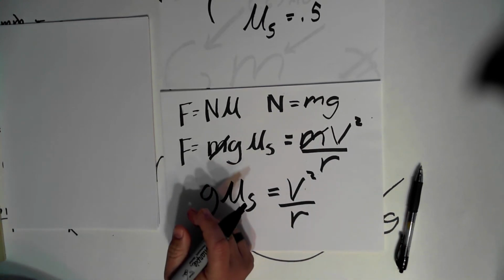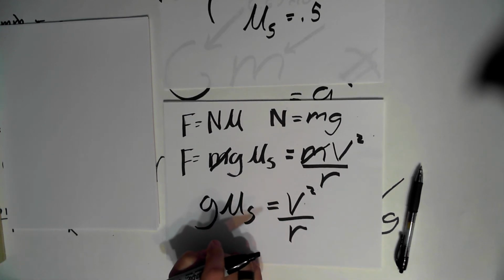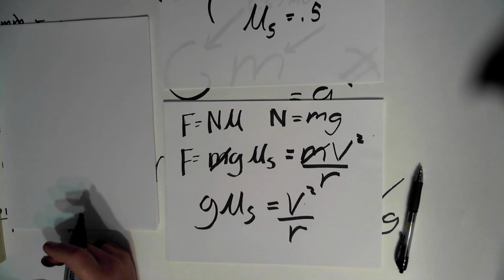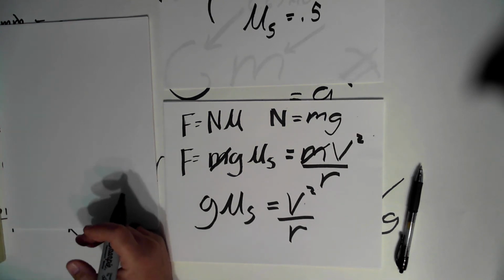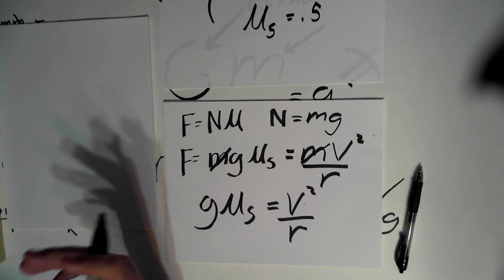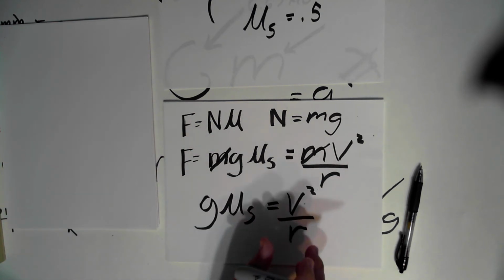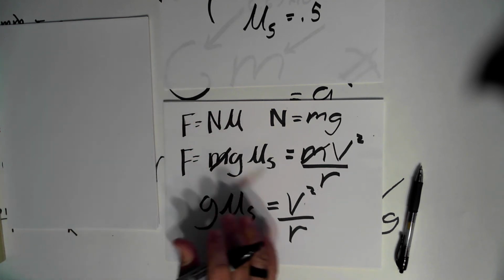Now, if I'm trying to calculate the velocity that this car could go through, I'm going to need to pick a turn radius. Or vice versa, if I had the velocity, let's say 20 meters per second, then I can solve for the sharpest turn it can make while still holding traction.